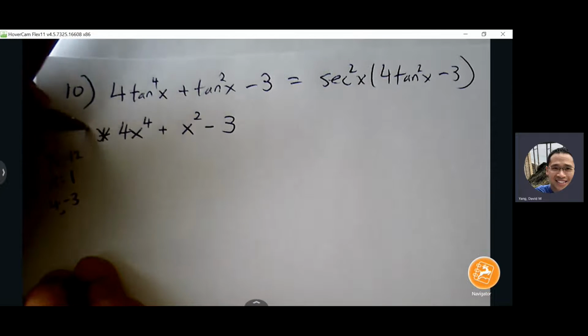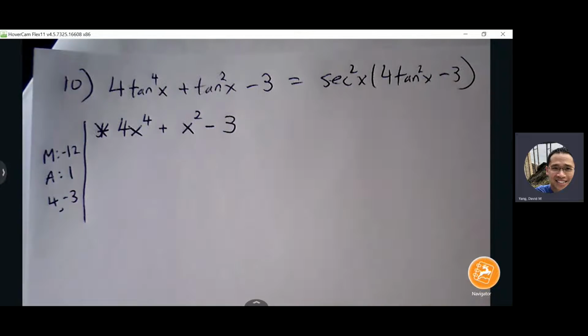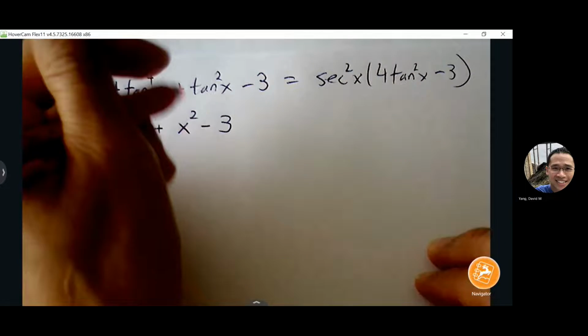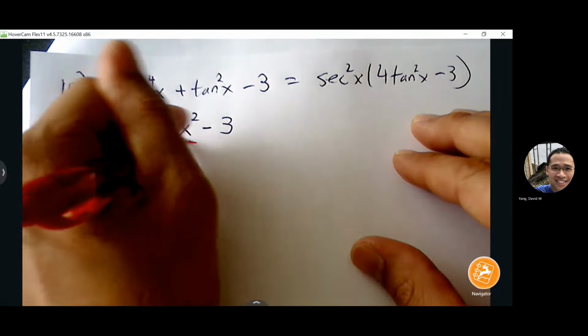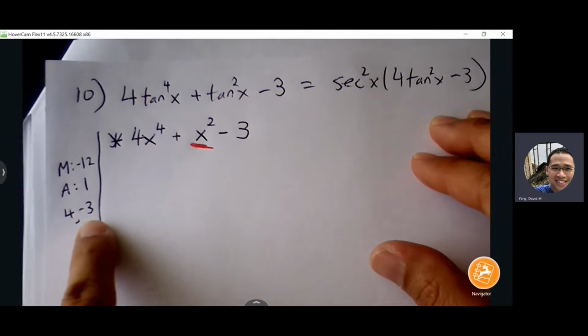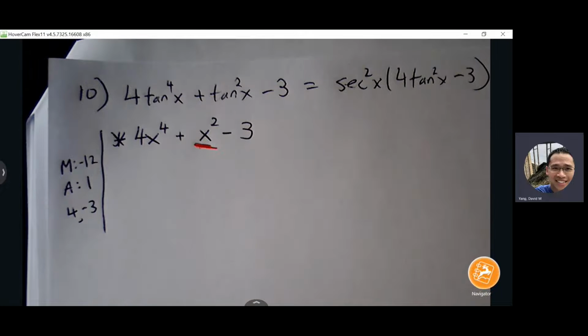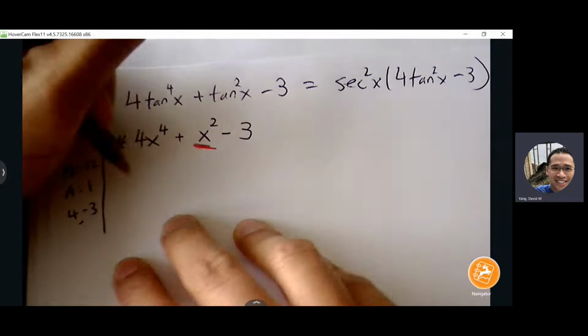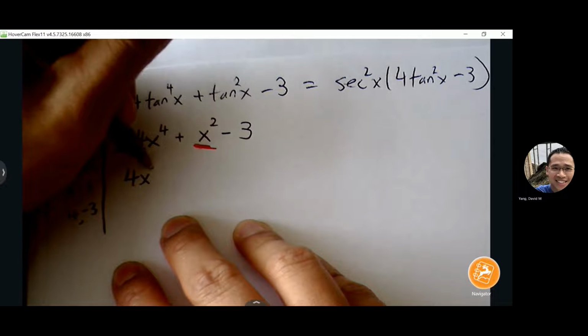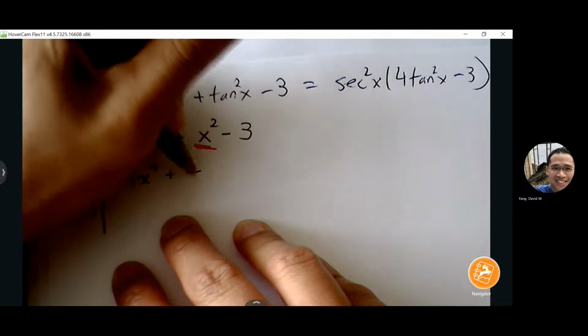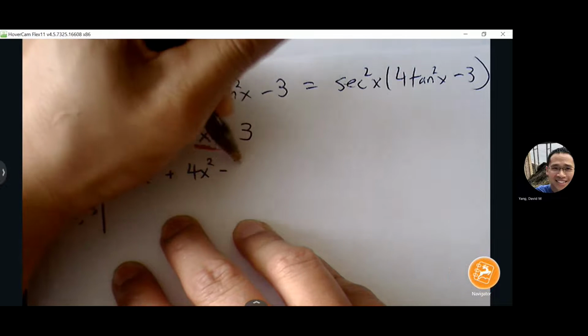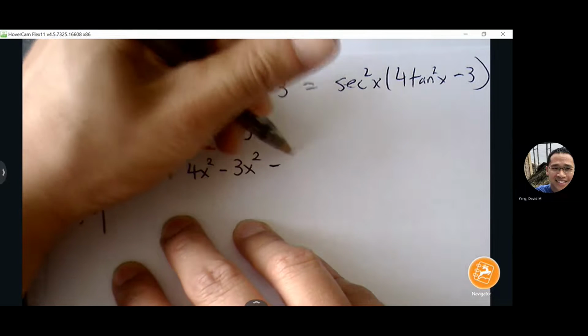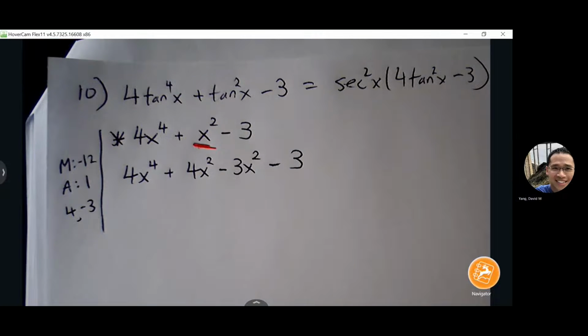So we know we have to break this x squared in terms of 4 and negative 3, because 4 minus 3 equals 1, but we're going to break it up in those parts there. Okay, everybody good with that?